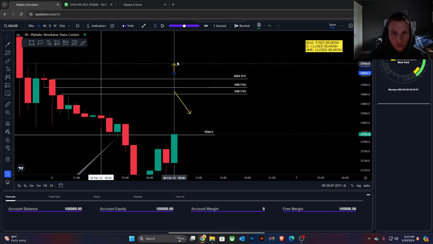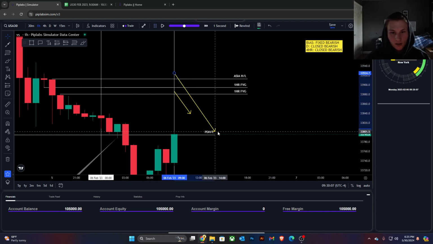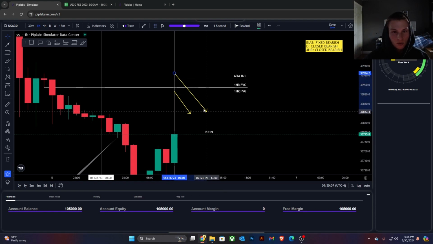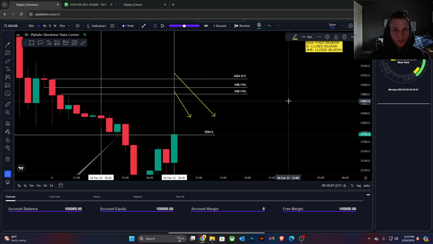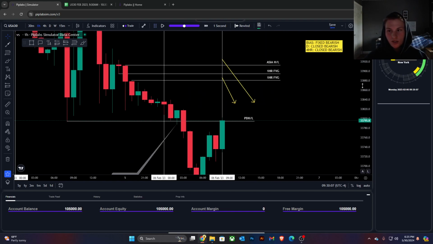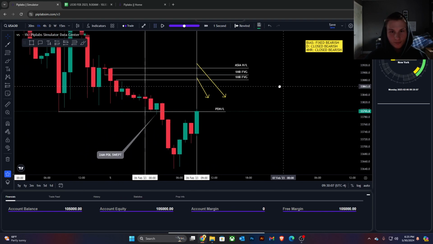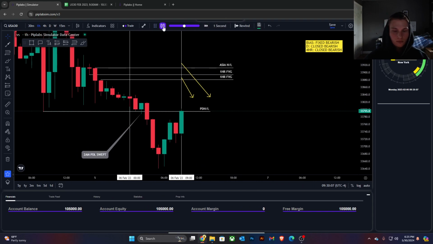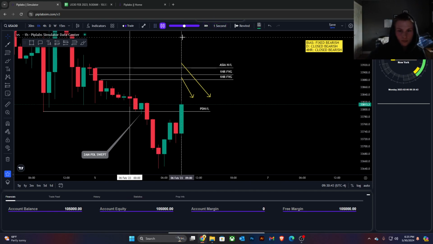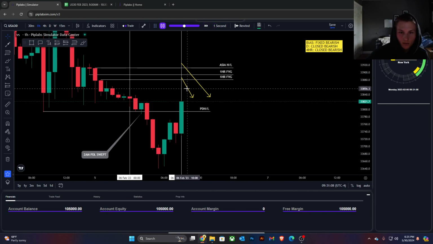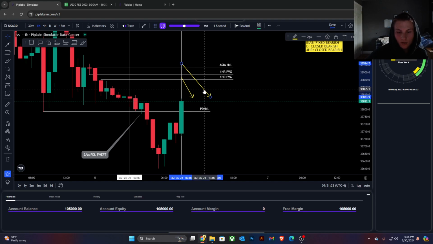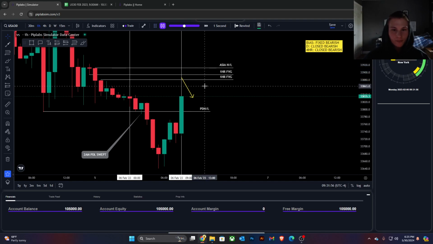So if we break up like this, struggle, show rejection, and then I can enter and ultimately see price go down. So let's just watch now, see if we could get entry here. Ideally, I want this entry right here off this 1 hour gap. So let's see if we could get it.